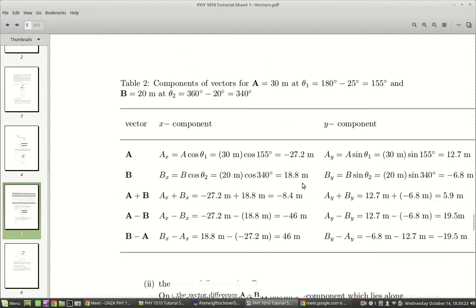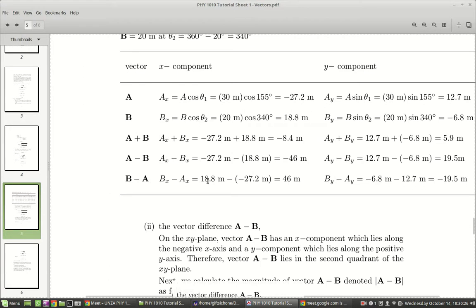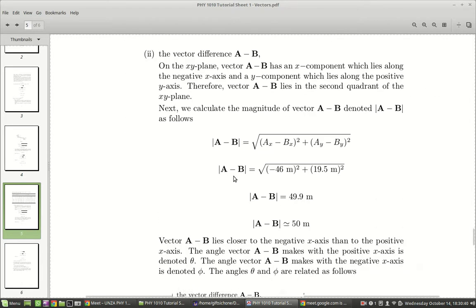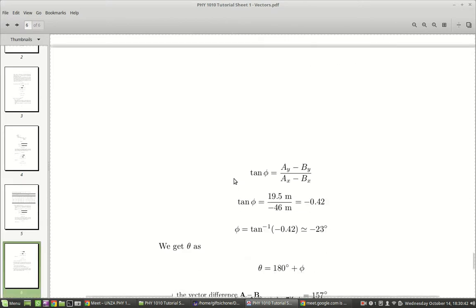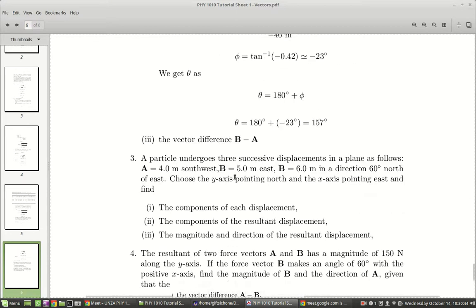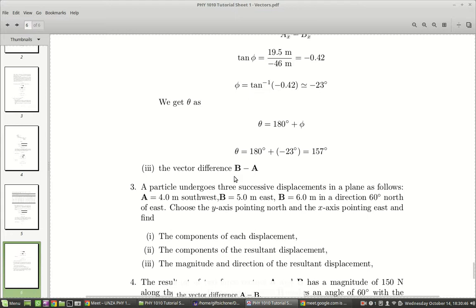Okay. So it's not obvious. With vectors, when you're doing A plus B, you would think A plus B should be greater than A minus B. But in this case, that's not what's happening. So basically, vectors have got their own stuff going on. Okay? And this is how we add vectors, like this.